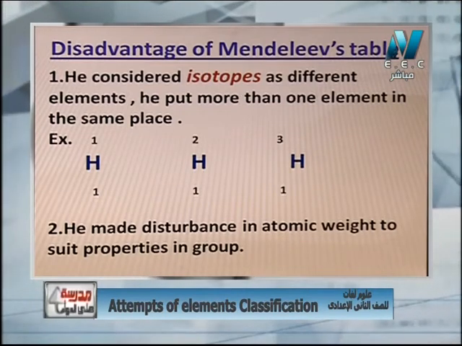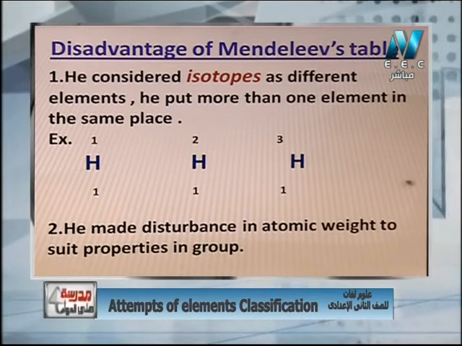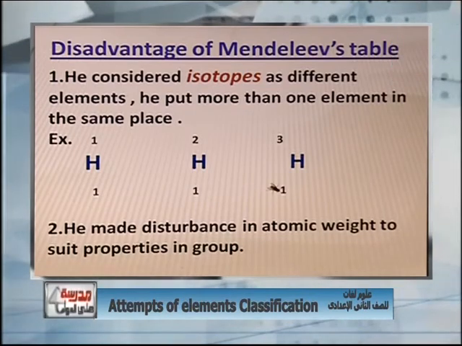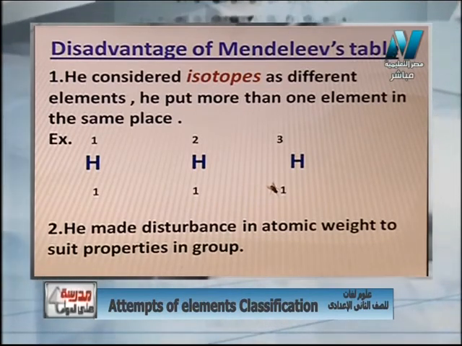Okay, so we are going to ask a question. Compare between the advantage and disadvantage of Mendeleev, and this is a question we will ask, inshallah, next episode. Remember, we are going to ask about the advantage and the disadvantage of Mendeleev. The disadvantage is that he considered the isotopes as different elements, so he put more than one element in one space.